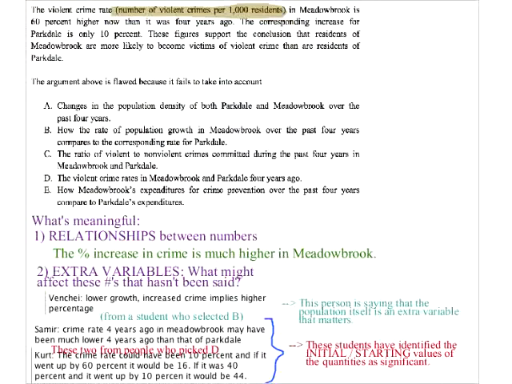Text box, please. What is the point of giving a per capita rate of something? Text box, please. Yeah, per capita rate makes the population size irrelevant.